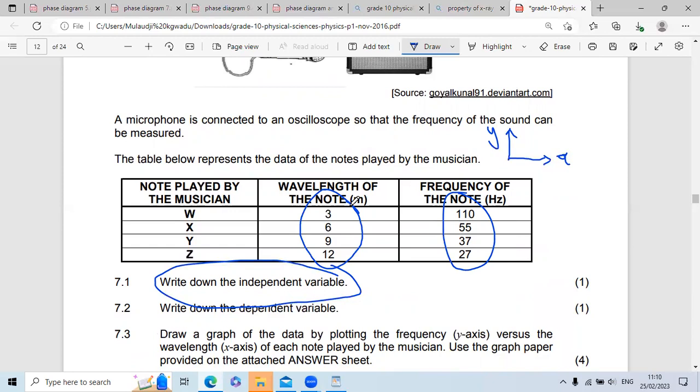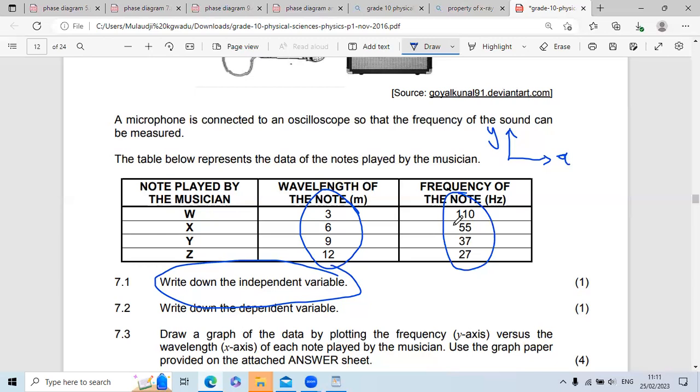I don't know if I gave you a good explanation, but the frequency changes because of the wavelength, and the wavelength does not change because of the frequency. Do you understand that?